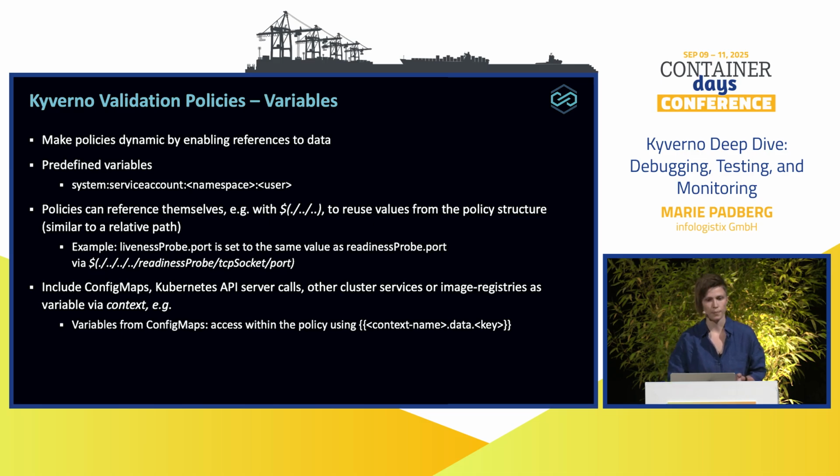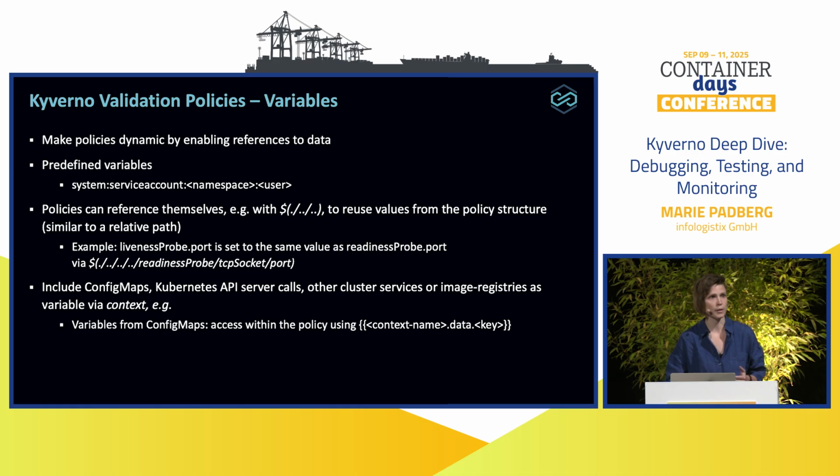It's similar to a relative path, but more important for our use case is the last bullet point, that you can include data from config maps, from Kubernetes API server calls, from other cluster services, or even from image registries. And those values are then available as a variable in your policy logic.